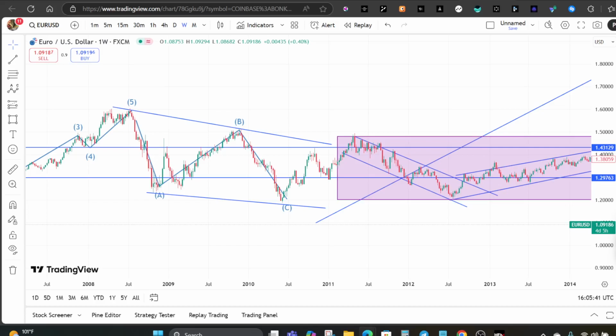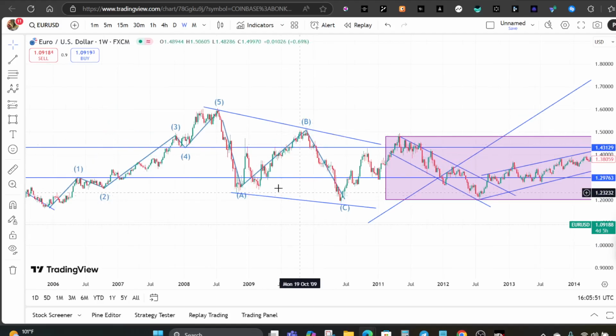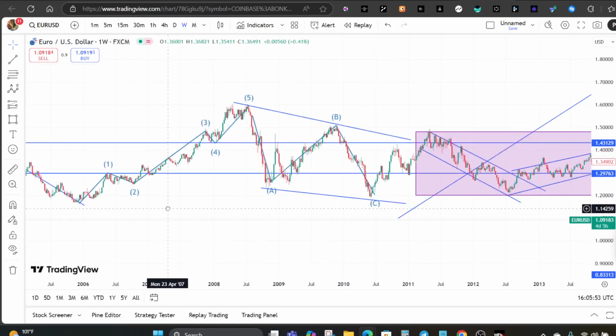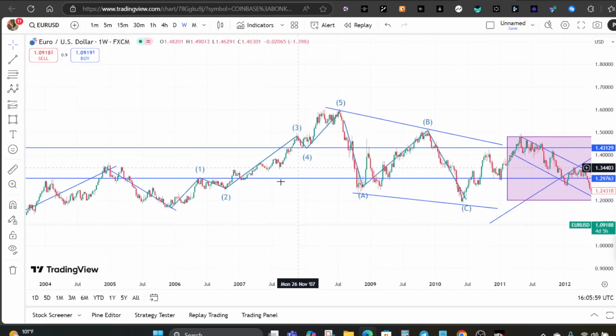The first step is to identify the impulse and the corrective waves. You have to analyze the market and spot whether it is forming an impulse wave or a corrective wave. You can do this by looking at price swings and determining the dominant trend direction. Then the second step is to use Fibonacci ratios for confirmation.